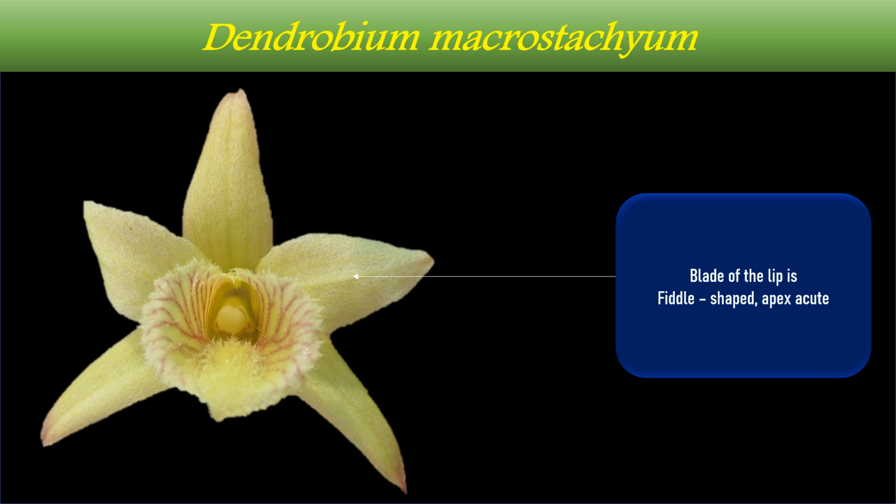So what makes it different from other Dendrobium species? Another one is the color variation. Here you can see pinkish nerve-like structures and then yellowish color. So here is one of the most prominent characters you can see.